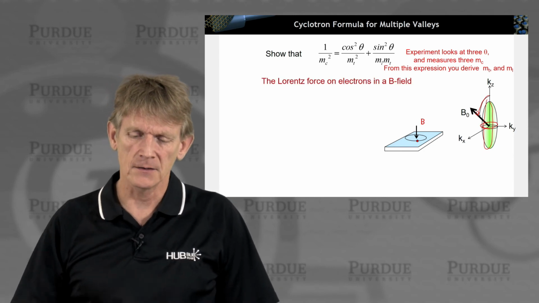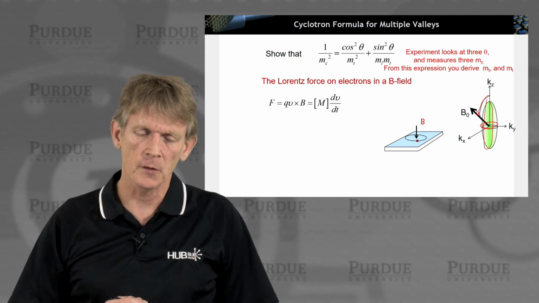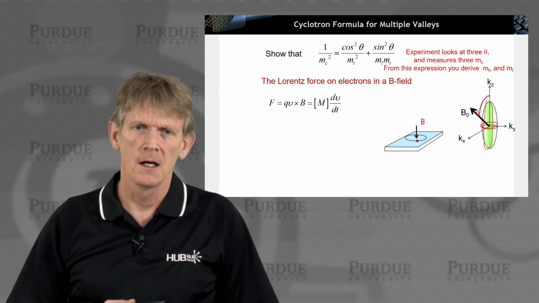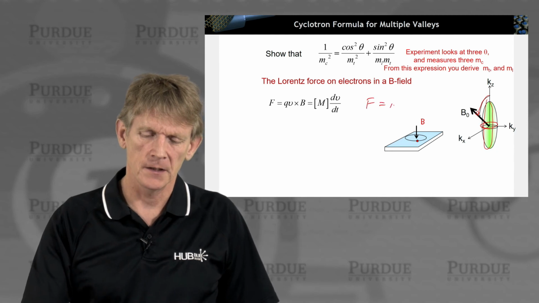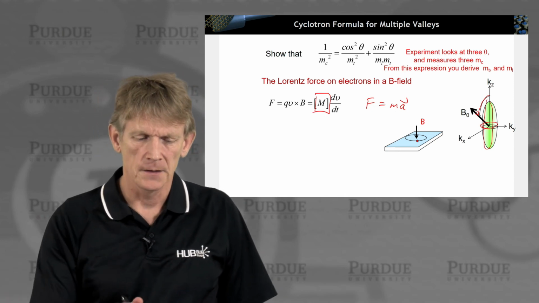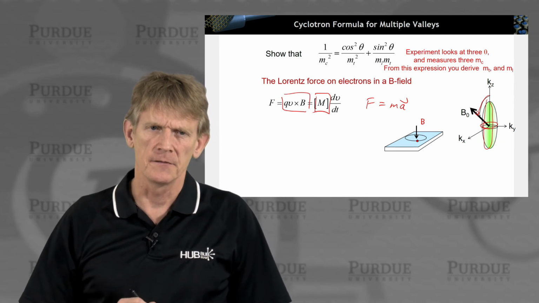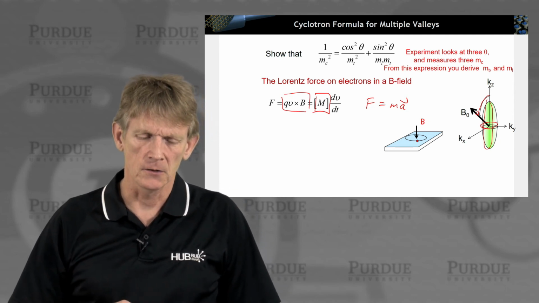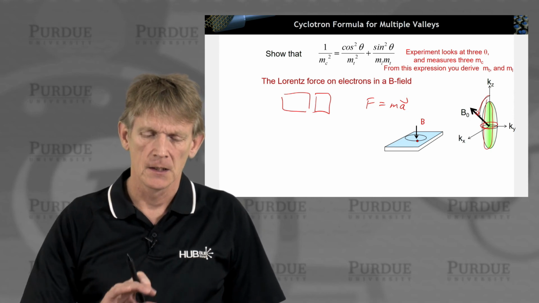That has to do with the fact that the Lorentz force is a 3-dimensional effect. So you can write F equals ma, where m is now a tensor, and also you can write down the vector force with the Lorentz force like this.